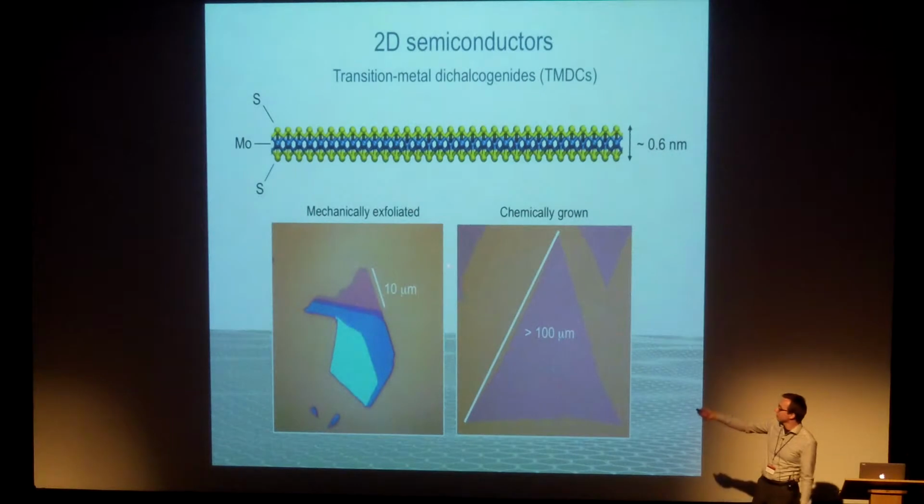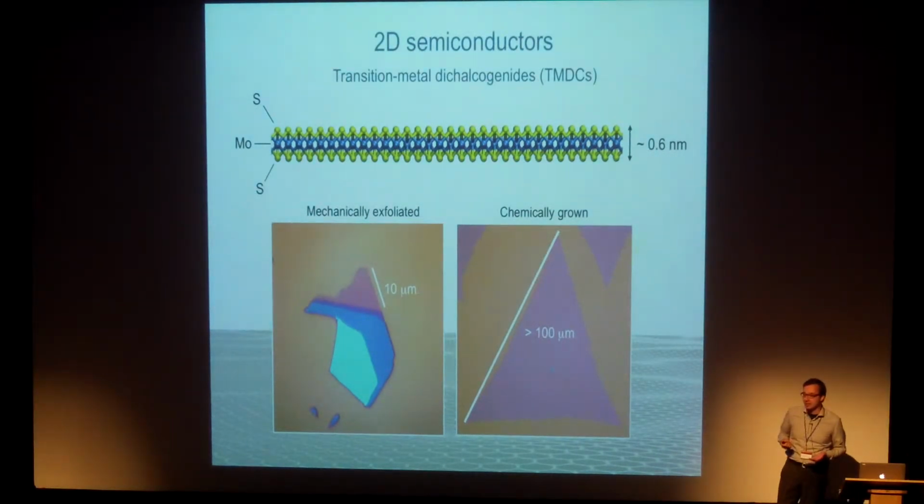One is the classic mechanical exfoliation, so basically just taking a tape and peeling off a single flake, which usually is relatively small, on the order of tens of micrometers, but they can also be chemically grown as large single crystals.